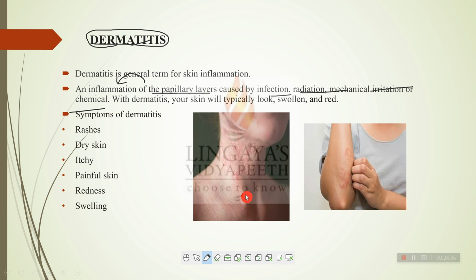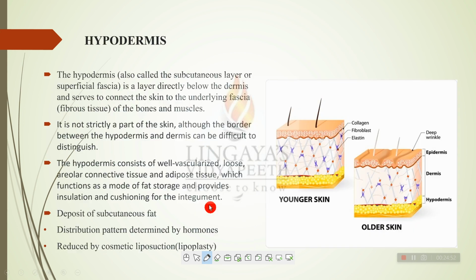If a person is suffering from dermatitis, the person's skin will look swollen, red and will include rashes, the skin will be dry, itchy, painful, with redness and swelling. So these are all the symptoms of dermatitis.